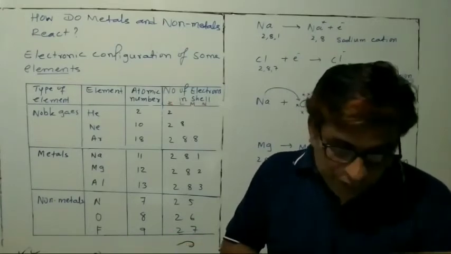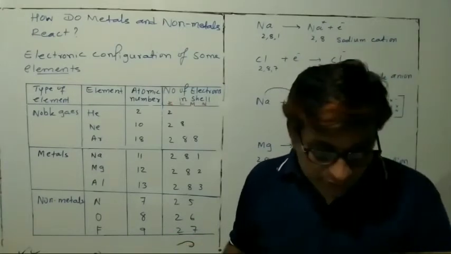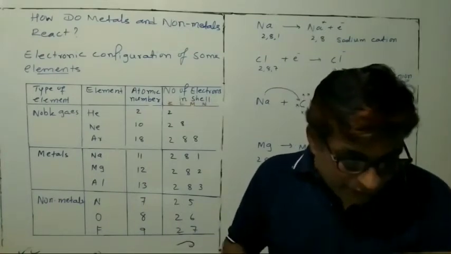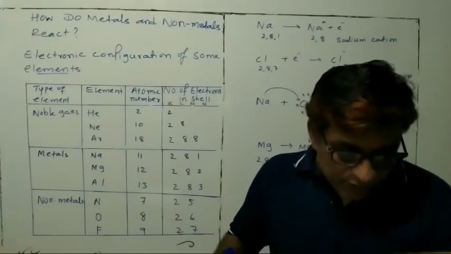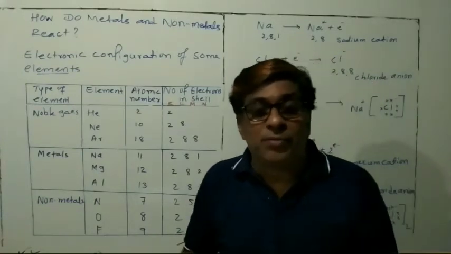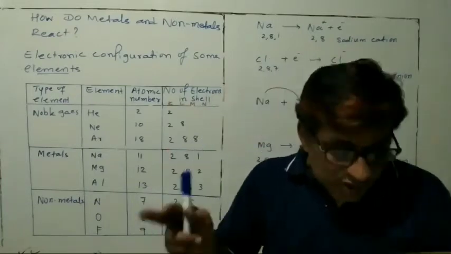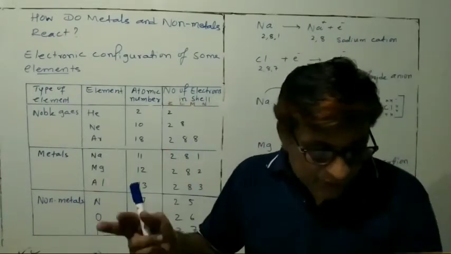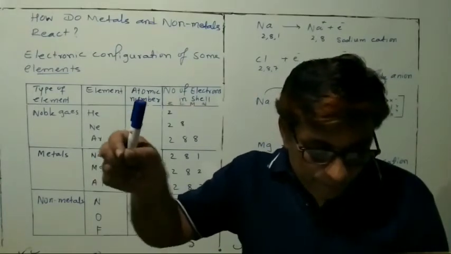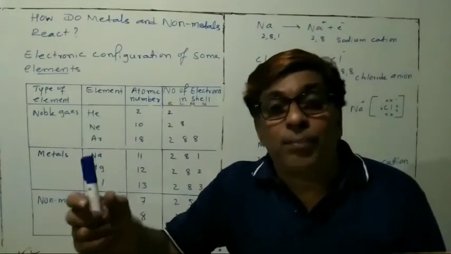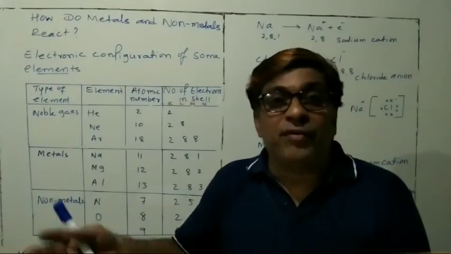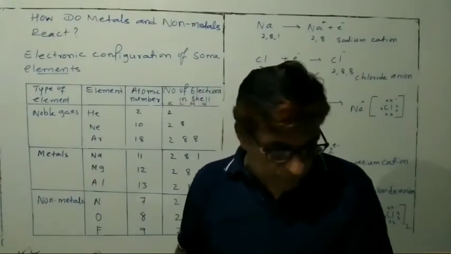We therefore explain the reactivity of the elements as a tendency to attain a completely filled valence shell. So how does reactivity arise, dear students? Elements have a tendency to attain a completely filled valence shell, trying to complete the valence shell. In this way reactivity shows.